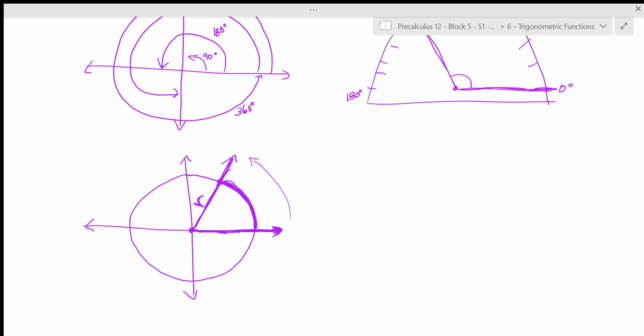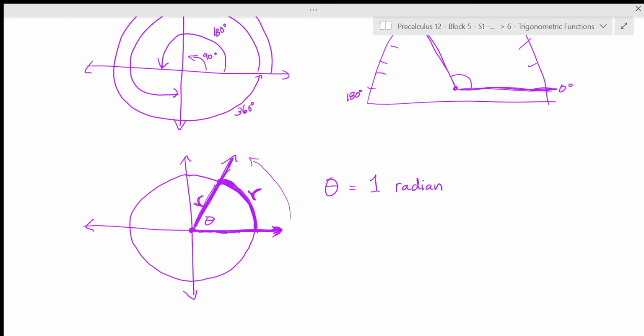So we want this flat straight measurement to be the same distance as this round piece of the circle, as if it were a piece of string, straightened out. We want those two to be the same. So if we have a theta here, and the arc length is equal to the radius of the circle, we would say that the measure of angle theta equals 1 radian.